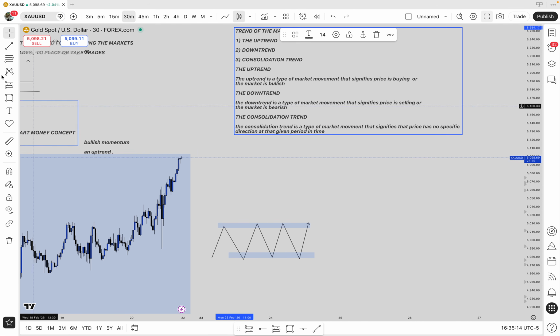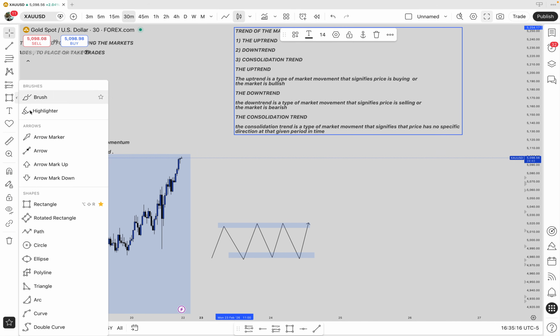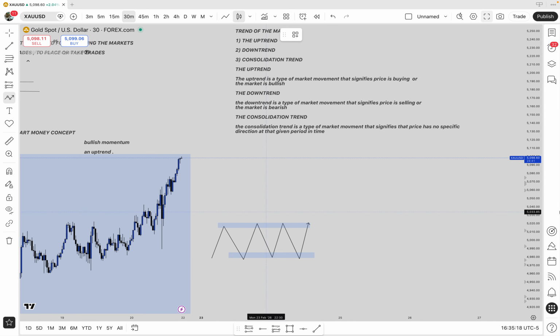Now, what is an example of a bullish trend? When the market gives you a low, a high, a higher low, higher high, higher low, higher high. What does that mean? Now, this is a low point in price, and this is a high point.